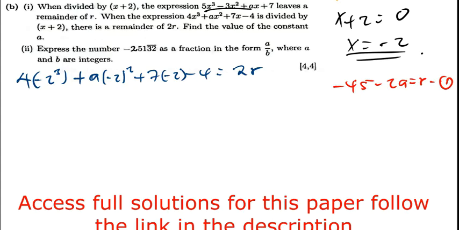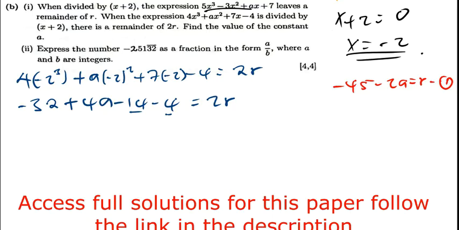As usual, this is going to be 4 times 8 times 4 is negative, so it's going to be negative 32, plus it's going to be plus 4a, then this is going to be negative 14 minus 4 being equal to 2r. If I simplify this, these two will give me negative 16.